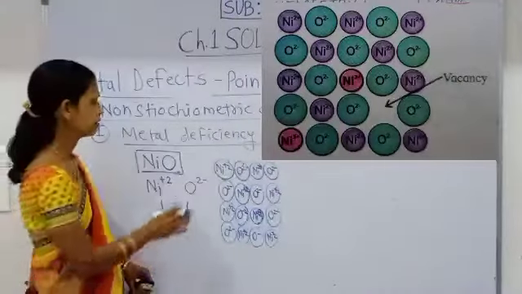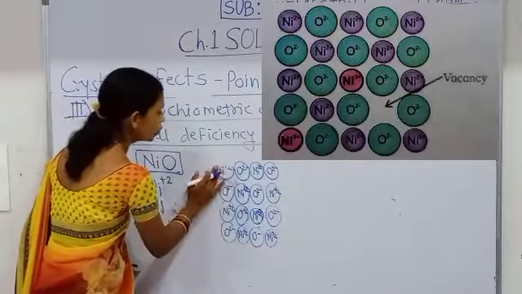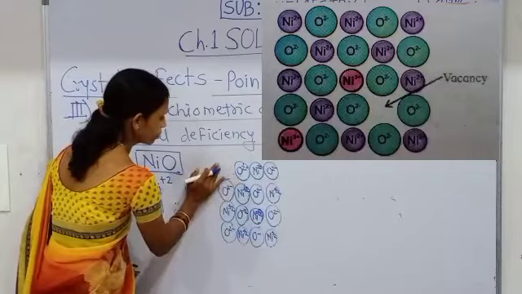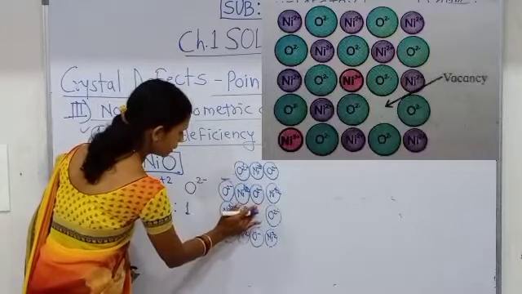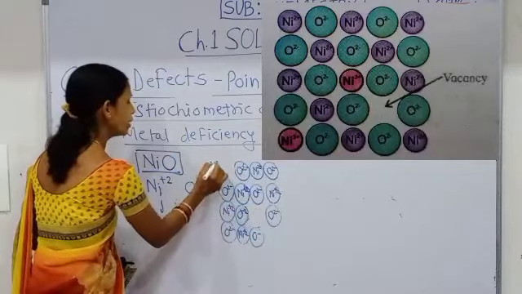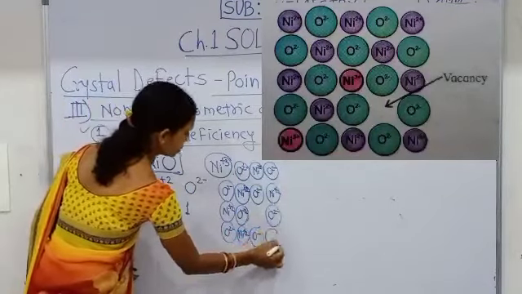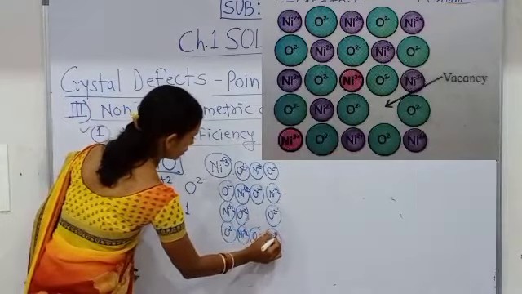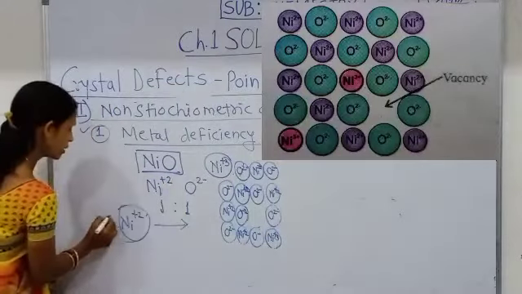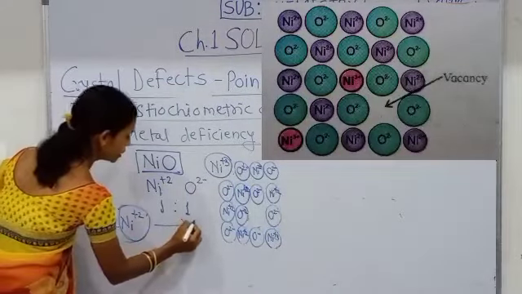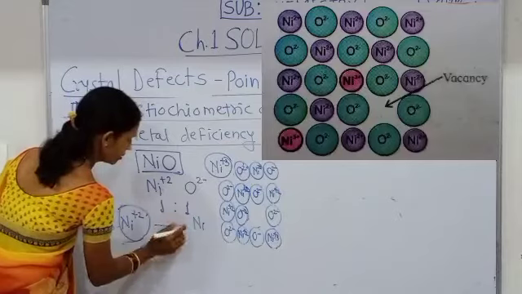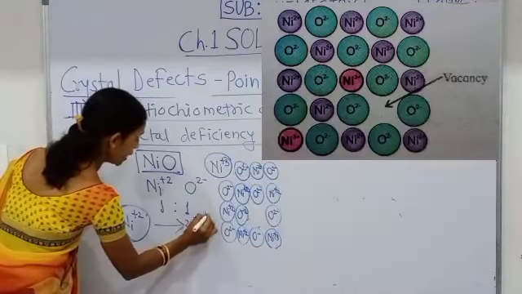Then see here, 3 Ni2+ ions are replaced by 2 Ni3+ ions.